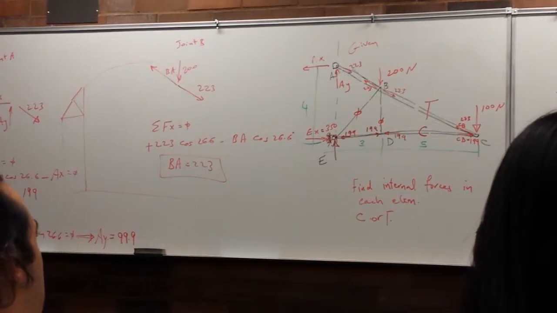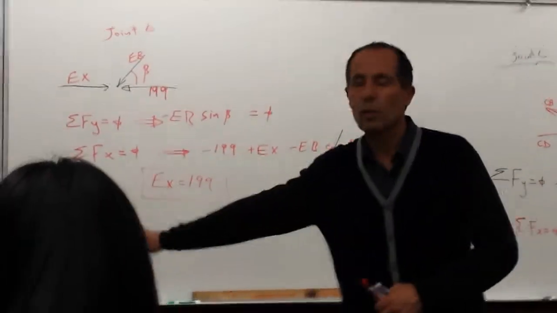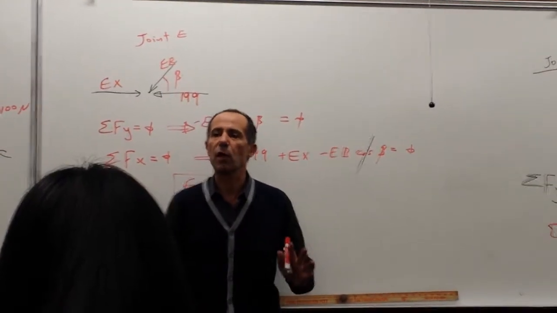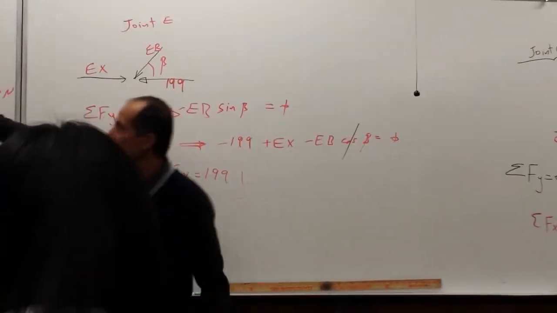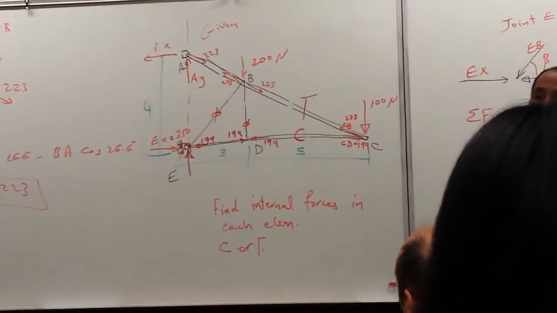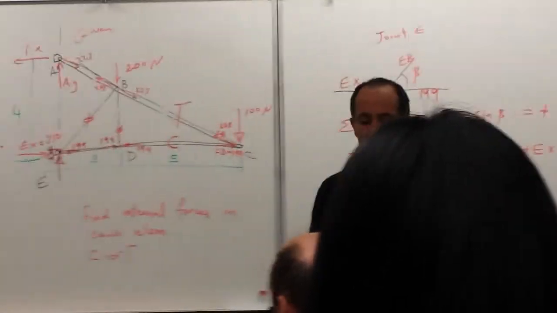But what's the point? The point is you isolate each joint separately, and apply two equations: sum of forces on X, sum of forces on Y.